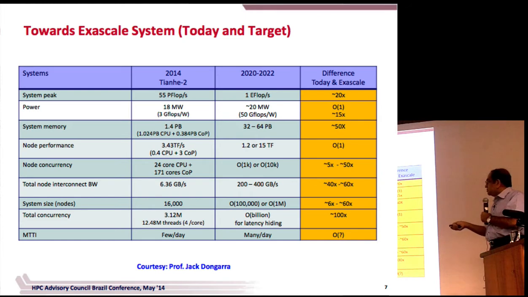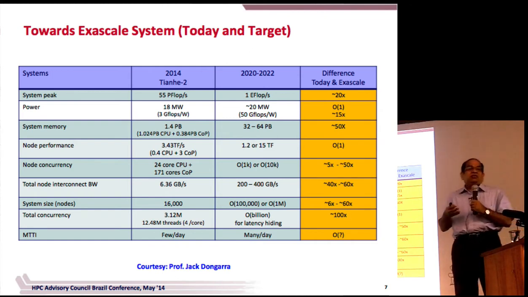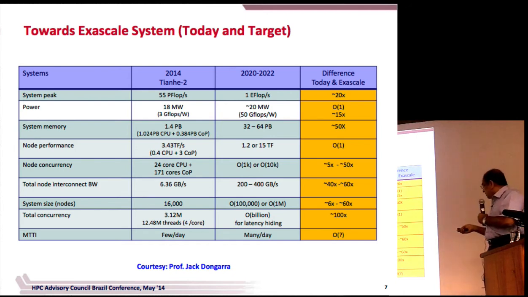And then if you see the node concurrency, that means within a single node, currently we have 24 CPU cores and 171 coprocessor cores, and for the exaflop systems we need almost 1,000 or 10,000 of these in a single node, so we need an improvement of a factor of 5 to 50.